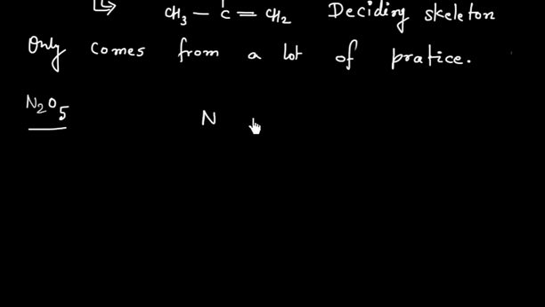So you have nitrogen, oxygen, nitrogen, with oxygen on each nitrogen. It says there are 5 oxygens, so each nitrogen contains two oxygen, and one oxygen should be connected to both nitrogens. So symmetry says this should be the skeleton.